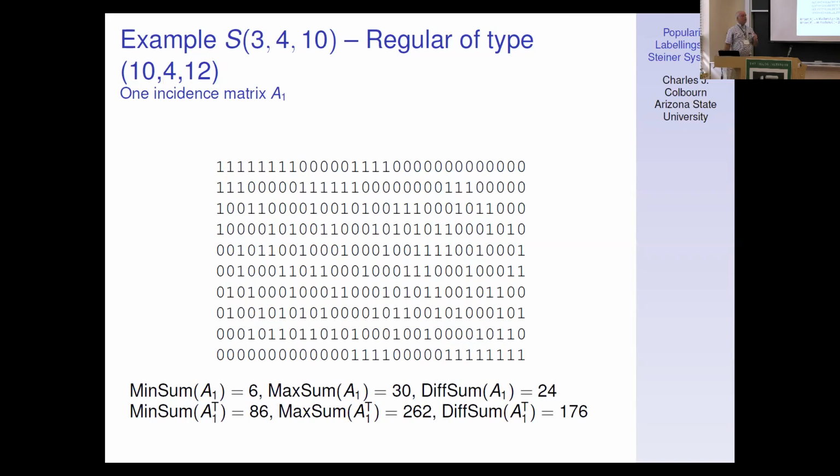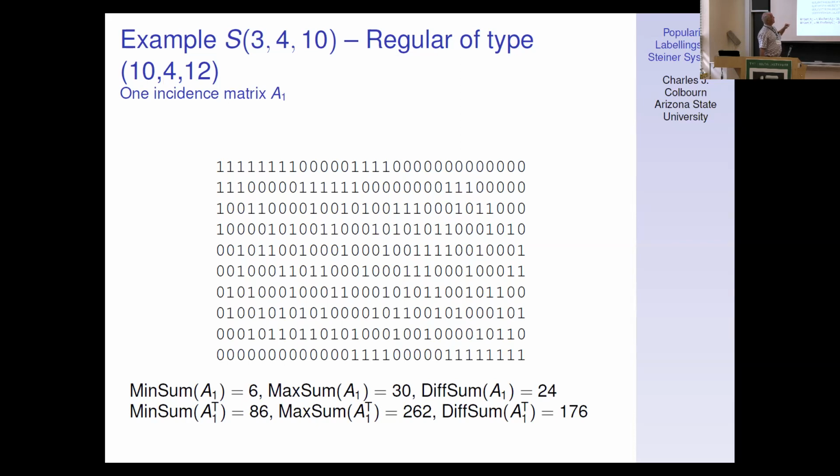And now, what am I doing to get the sums? Well, the first thing I might do is look at that first column. If you look at that first column, you see it has ones in positions 0, 1, 2, and 3. Add those up, that gives you 6. That is the column with the smallest sum. And so the min sum here is 6.